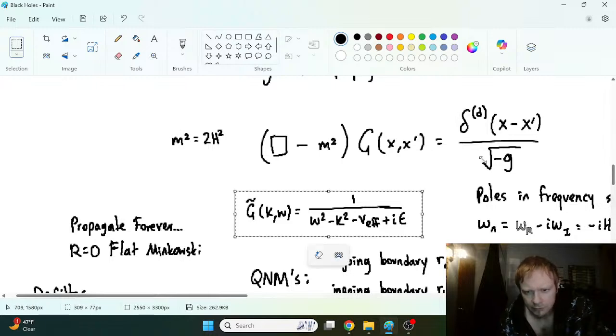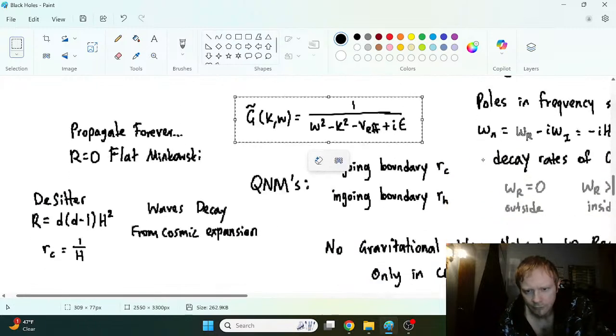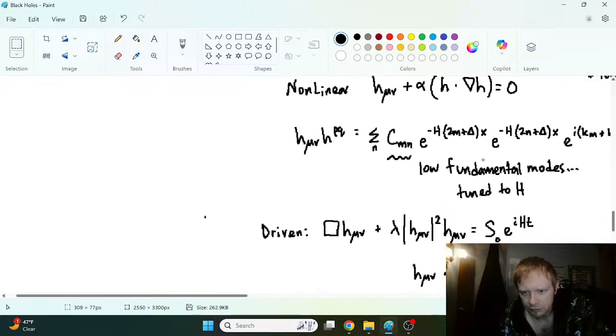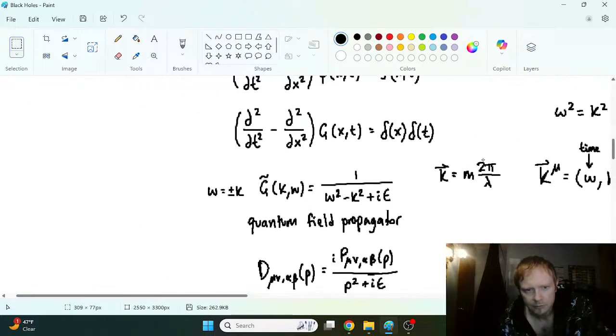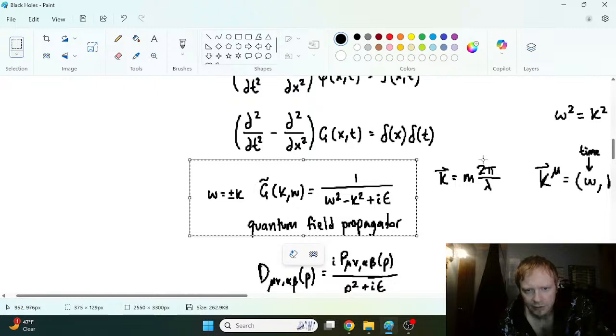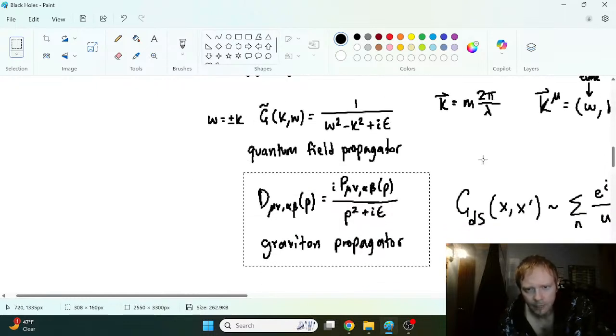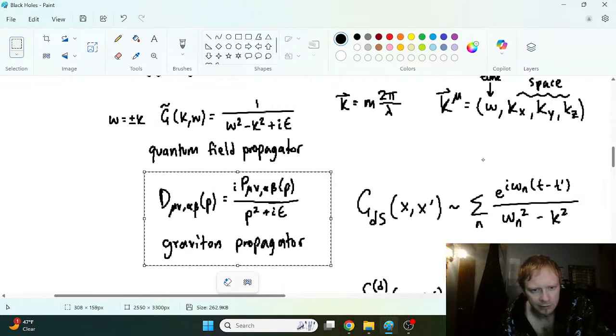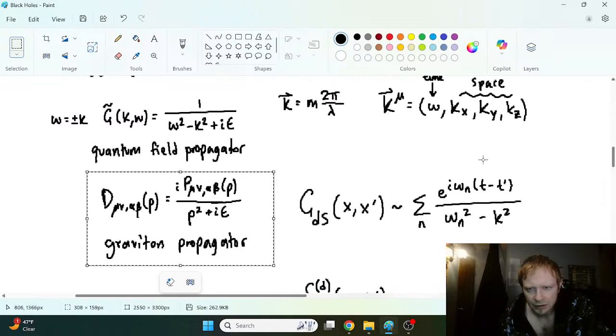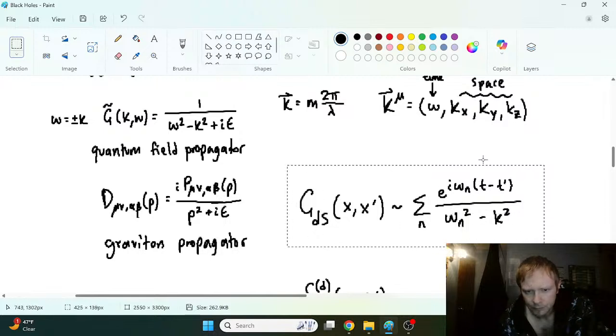And so essentially we're able to get this situation down here, maybe over here. We derive a quantum field propagator like this, and we make it a graviton propagator like this. I believe we just use a regular old graviton propagator equation here.